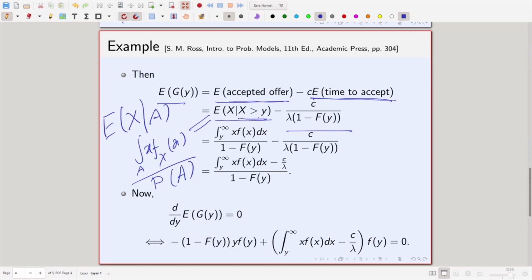While calculating a conditional expectation, you integrate only over the given event.